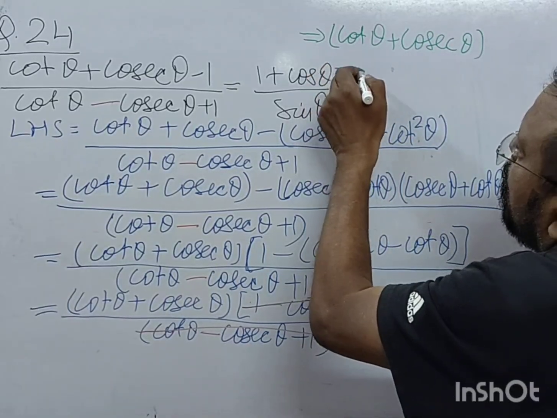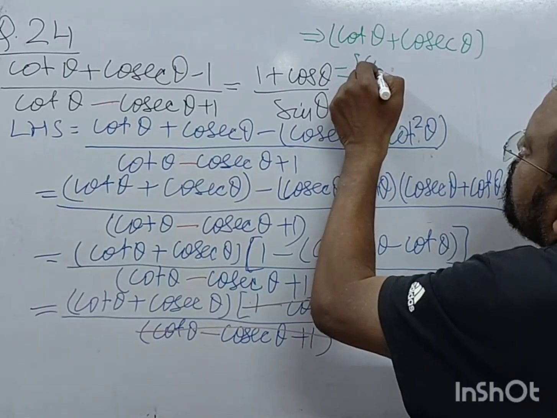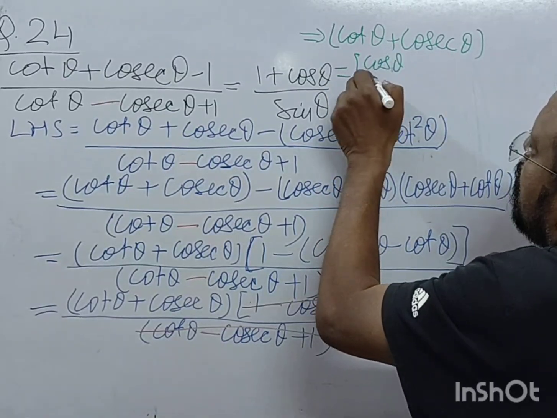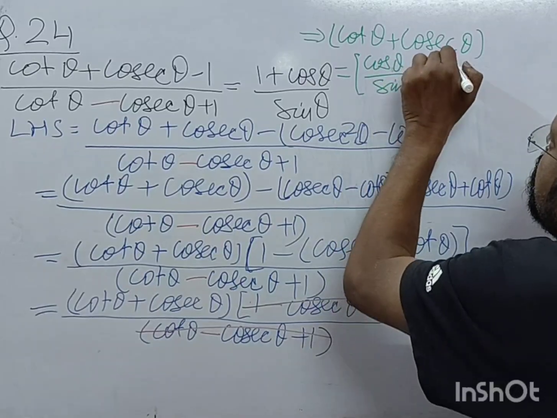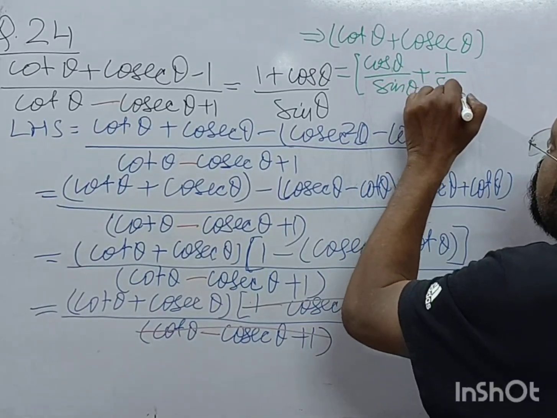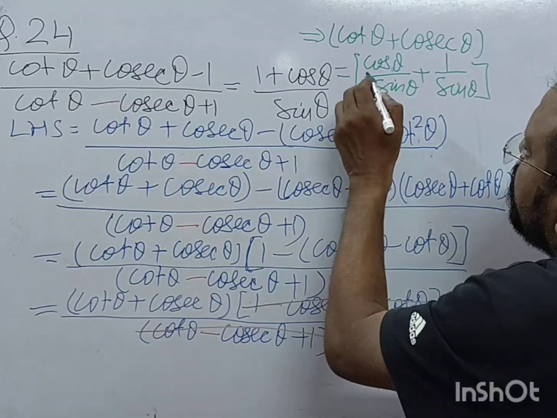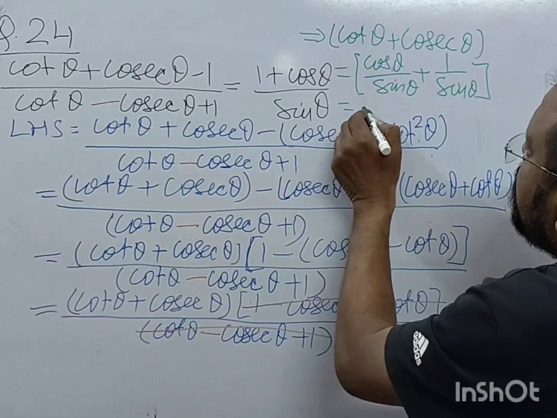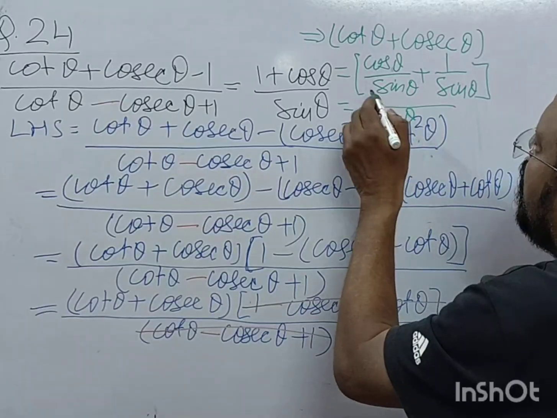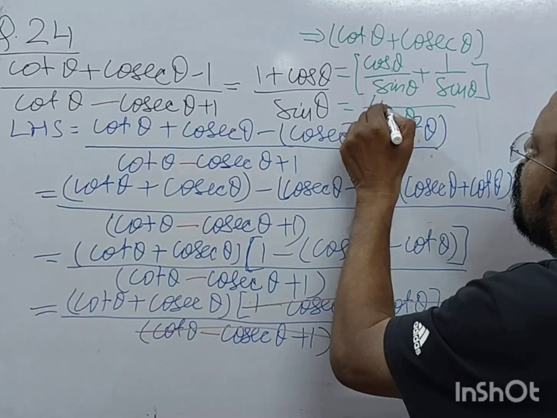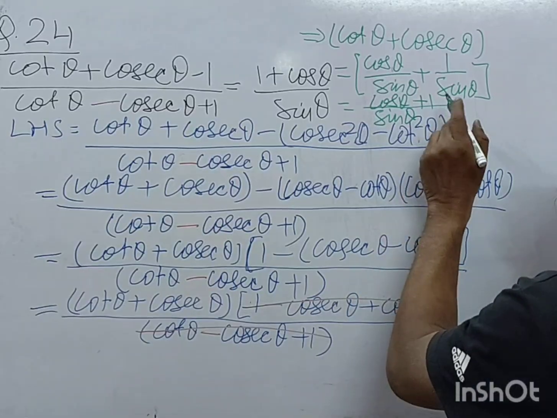Cot theta is cos theta upon sin theta plus 1 upon sin theta. So you get sin theta as a common, and this is cos theta plus 1.